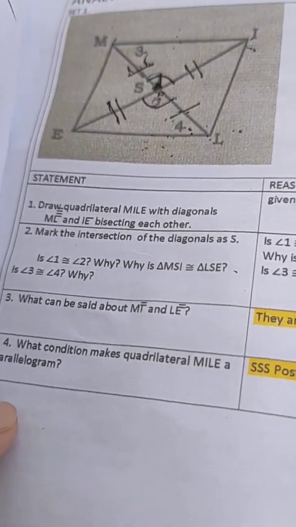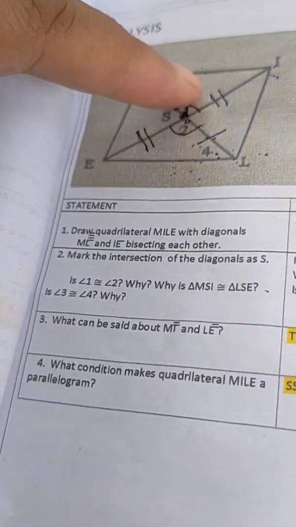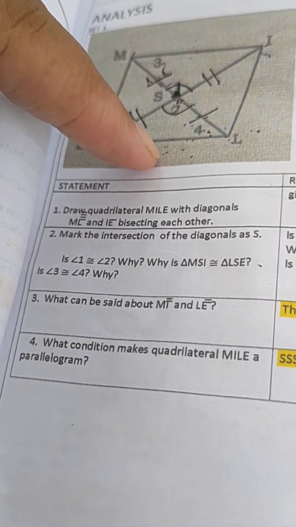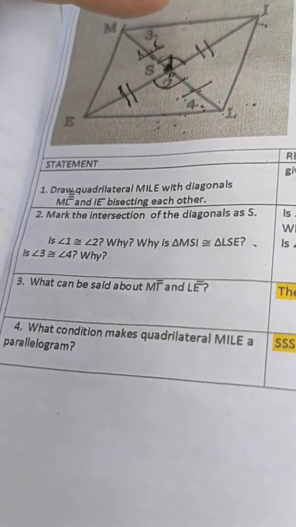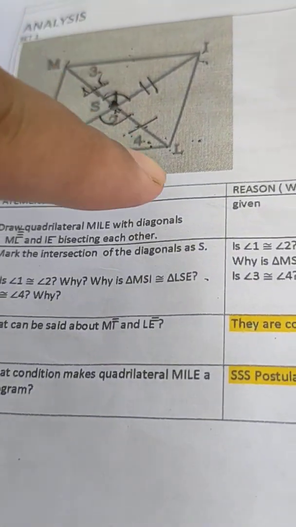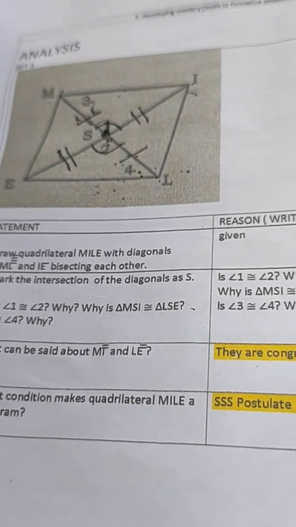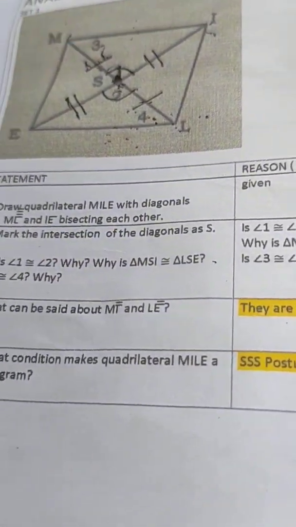We have proven that these two sides are congruent to each other because of the CPCTC postulate, and because of the alternate interior angles formed by the diagonal that intersects the two sides.